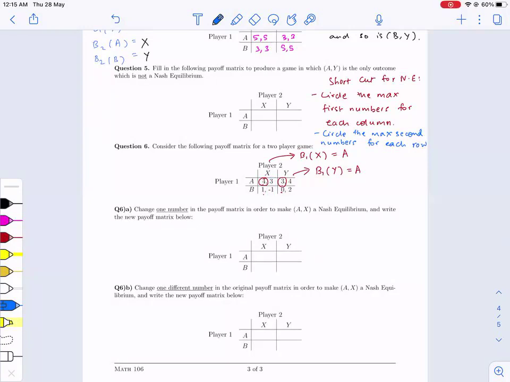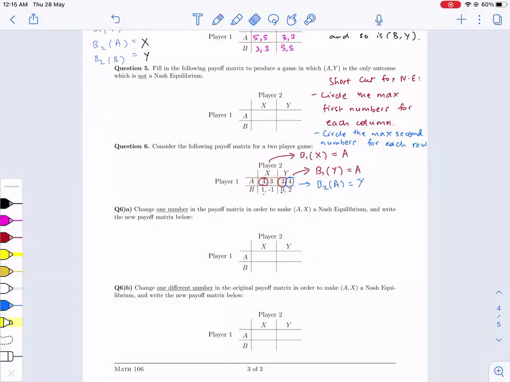Okay, so let's look at the first row corresponding to A. Now circle the maximum second number in this row. So the second numbers are 3 and 4. Circle the maximum, that's 4. What does this tell you? It just tells you that if player 1 plays strategy A, then the best response for player 2 is Y.